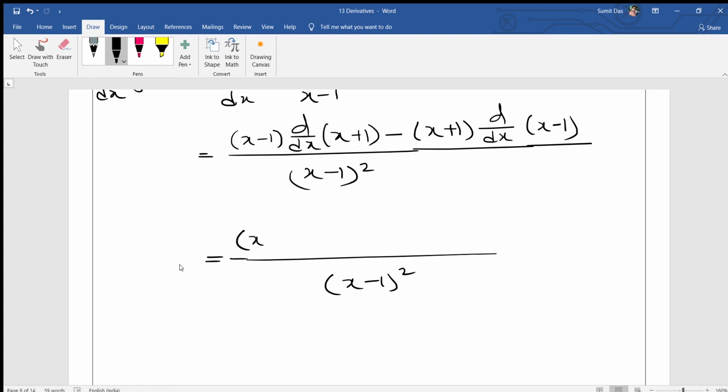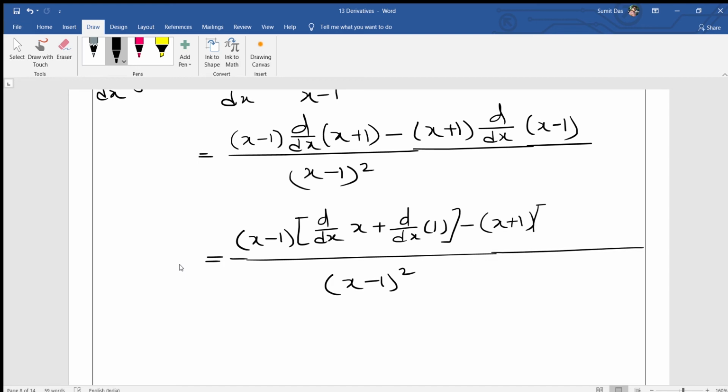(x - 1) times d/dx of (x + 1), which will be d/dx of x plus d/dx of 1. You can also do it directly, no problem. Then (x + 1) times d/dx of x minus d/dx of 1.